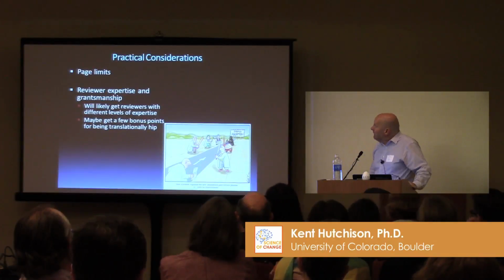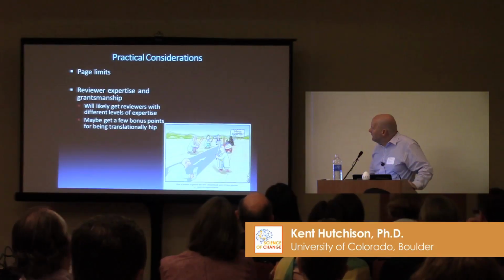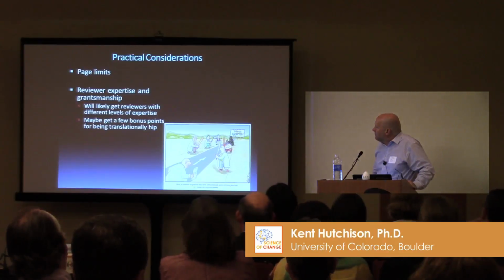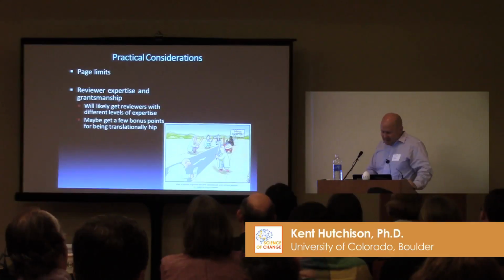Because you're going to have an expert on neuroimaging as one reviewer, probably an expert in clinical trials as another reviewer, so you've got kind of twice the number of concerns that you might normally get. So there's going to be a few bumps and bruises along the way. So again, the hope is that you get some bonus points somewhere along the line for being translationally hip. That's the way I look at it anyway.